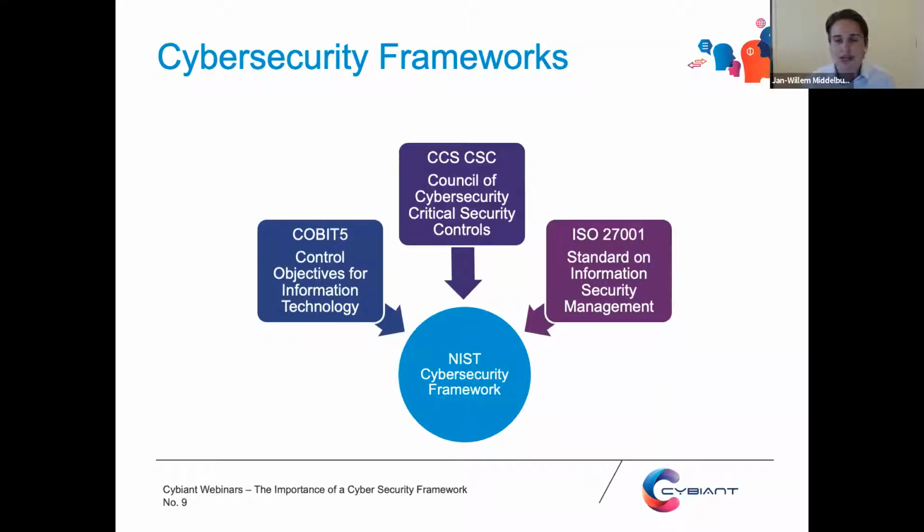The three main standards that have been in operation for quite a long time are the COBIT controls, the Council of Cybersecurity Critical Security Controls, and the ISO 27001 standard for information security management. All of these different documents are now considered best practice frameworks, and most organizations have started to implement aspects of all of these different frameworks or elements of them.